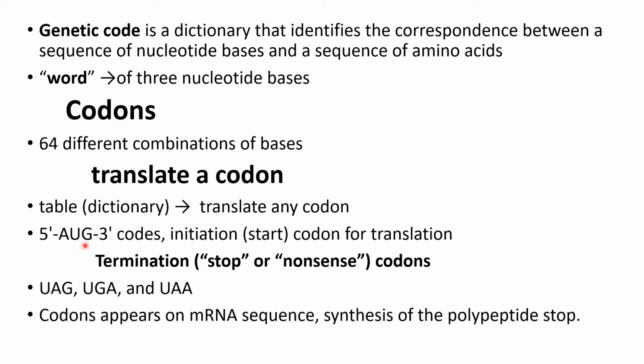While AUG is present initially at each messenger RNA of eukaryotes and prokaryotes, and it incorporates methionine. Basically, AUG codes for methionine, and this AUG is present at the start of each messenger RNA. But when it is present inside of the messenger RNA, then it translates to methionine.